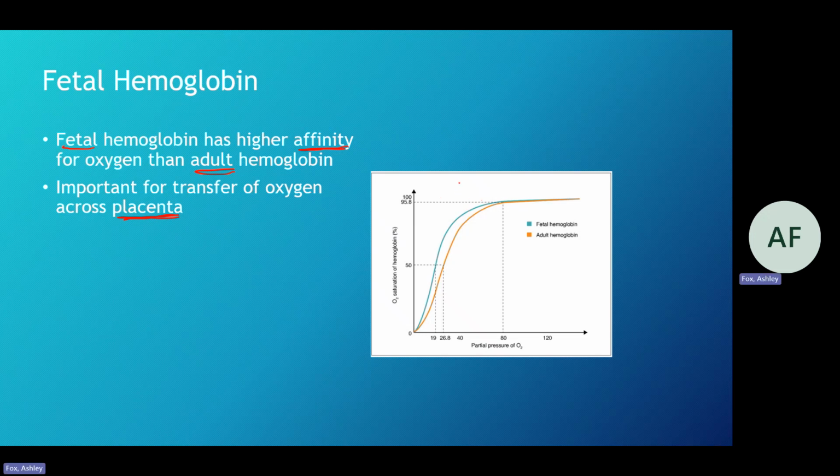But even though there's less oxygen, the hemoglobin's going to grab it up as fast as possible, with a higher affinity for sticking to it than adult hemoglobin. Why is that important? Again, it may have lower partial pressure because it's getting oxygen from a female. So it wants to grab up as much as possible so that it can deliver it to its tissues.